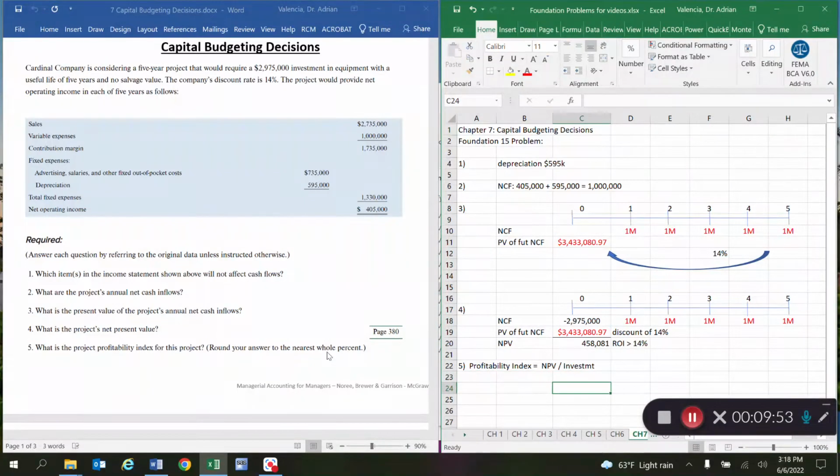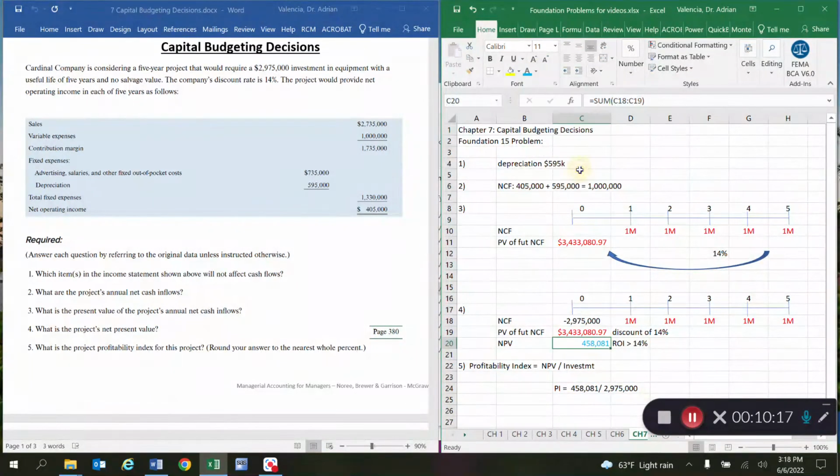So in our case, the profitability index is going to be equal to 458,081 divided by the investment, which was 2,975,000. Okay, so we're getting this 458 from our NPV analysis.